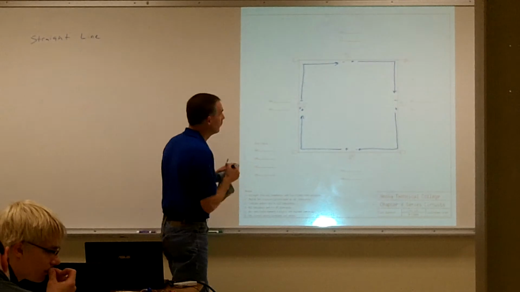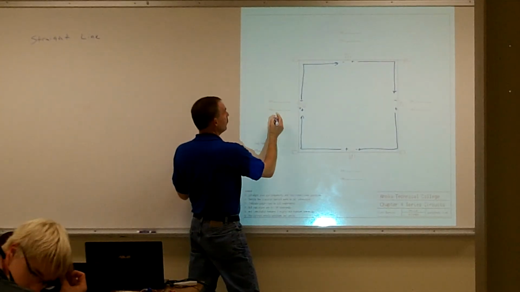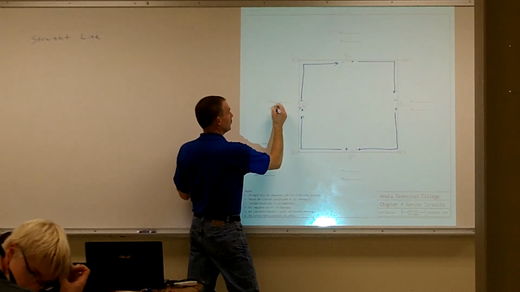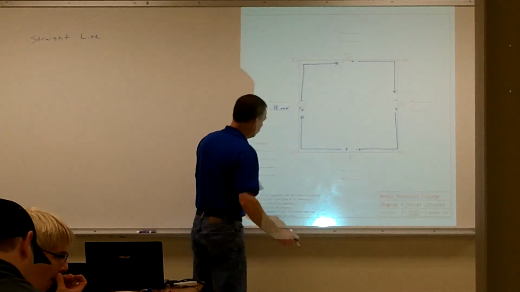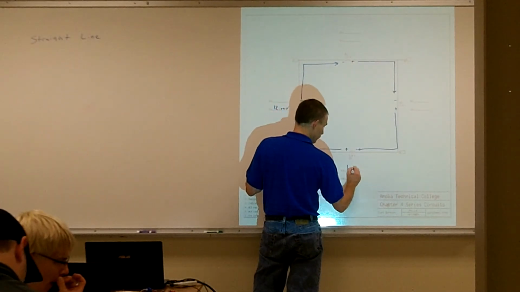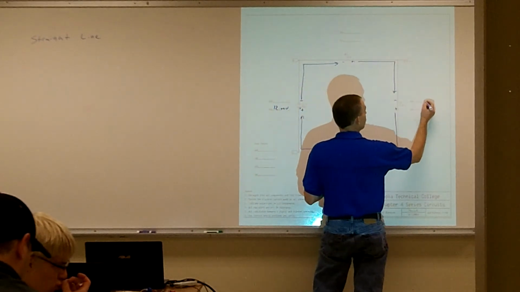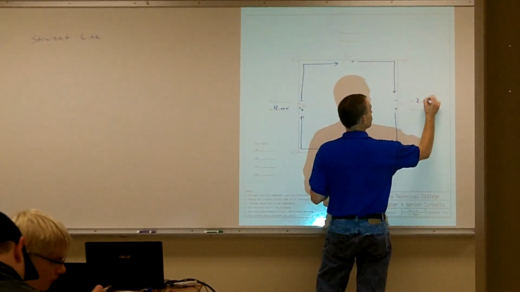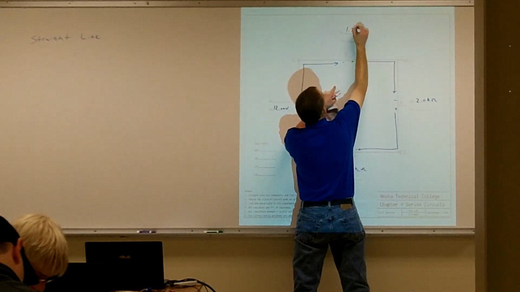Filling in all the information we know. My source voltage is going to be 12 volts. This resistor is going to be 1 kilo ohm. This one's going to be 2 kilo ohms. And this one's going to be our 1.2 kilo ohm.